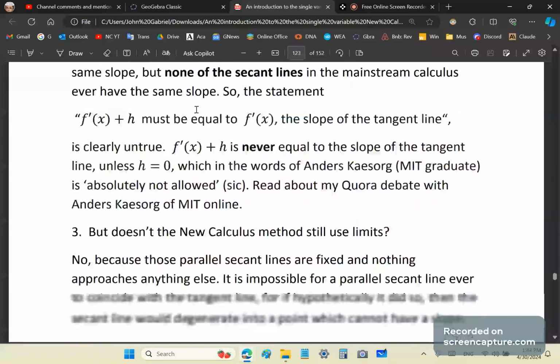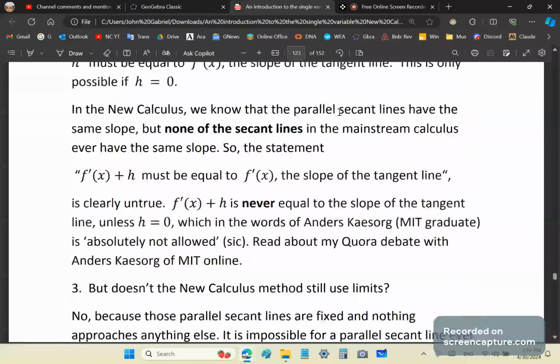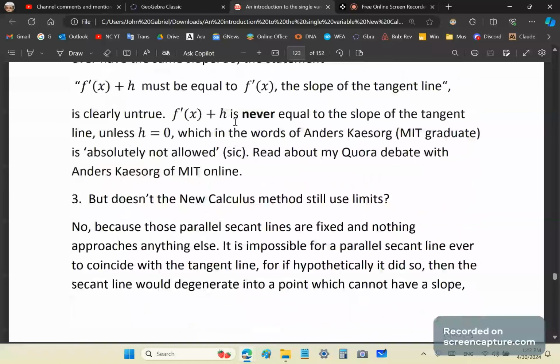But in the new calculus, we know that the parallel secant lines have the same slope, but none of the secant lines in the mainstream calculus ever have the same slope. So the statement f prime of x plus h must equal f prime of x, the slope of the tangent line, is clearly untrue. That is never equal to the slope of the tangent line unless h is equal to zero, which in the words of Anders Gesor is absolutely not allowed. You can read my Quora debate with him.